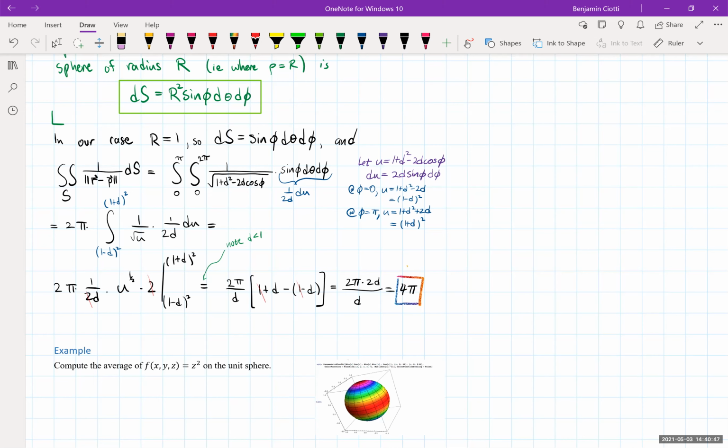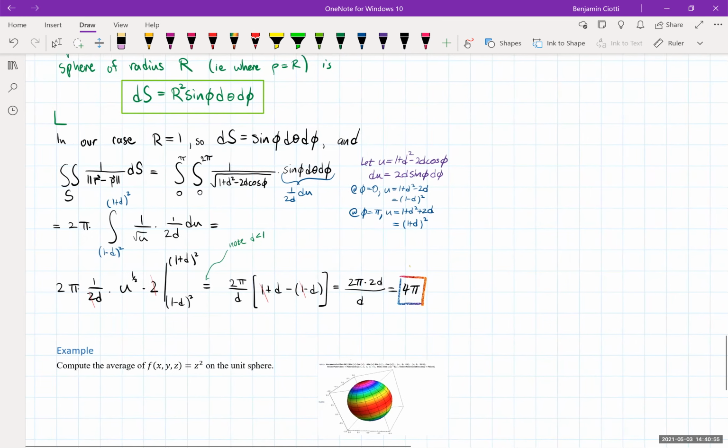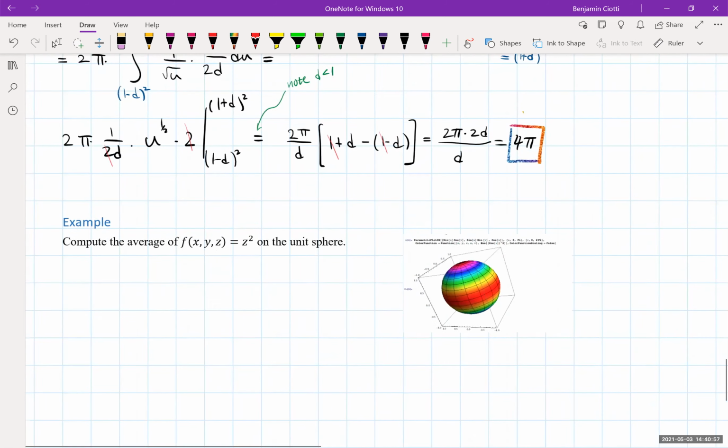Yeah, indeed. For the last question, just to ask about the setup, we just integrate z squared over x, y, and z, or do we want to convert them to spherical here? What's cool about this problem and this class in general is there's so many different ways you can do it.